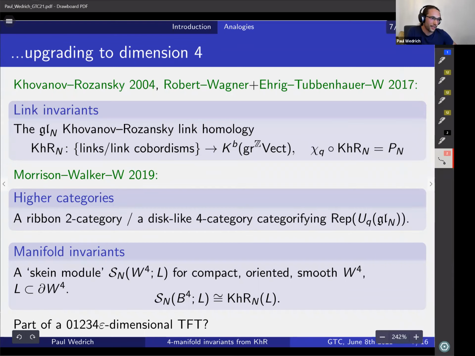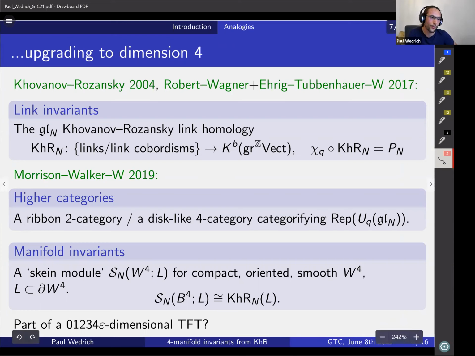Okay, so that's the input to our construction here, these link invariants, and then we can ask, okay, is this link invariant somehow governed by local relations in a sense? And is there a higher category that encodes somehow these local invariants?